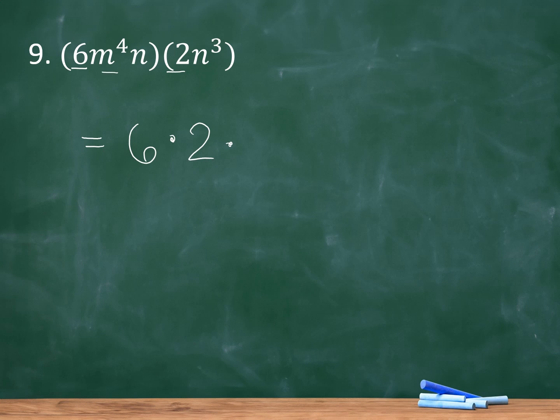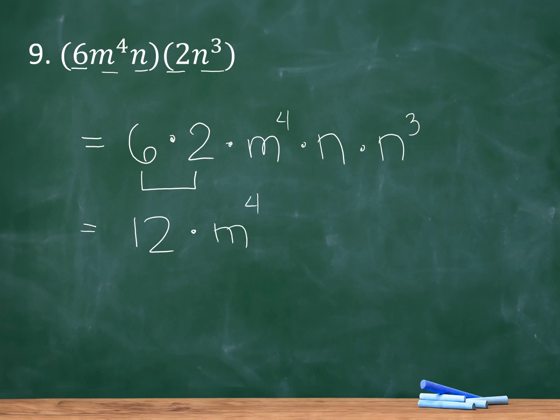We have m to the power of 4 times n times n cubed. So let's multiply 6 times 2, that's 12. Then we have times m to the power of 4.